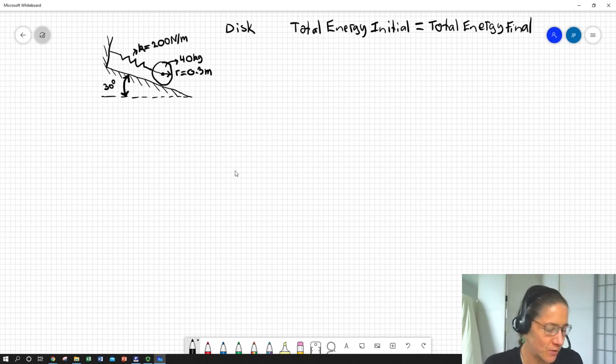Because what we're going to want to do is find what the total distance that the disk moves down the slope, and it continues, before it stops. And we're given some initial conditions.